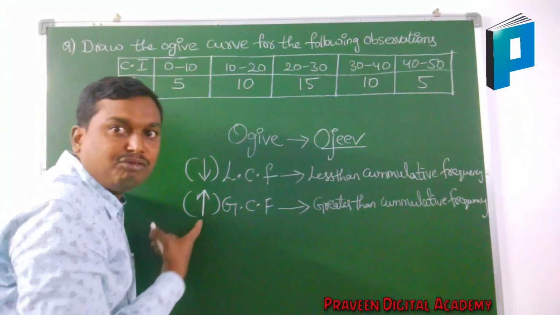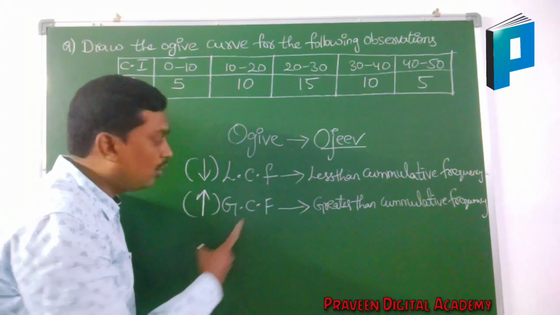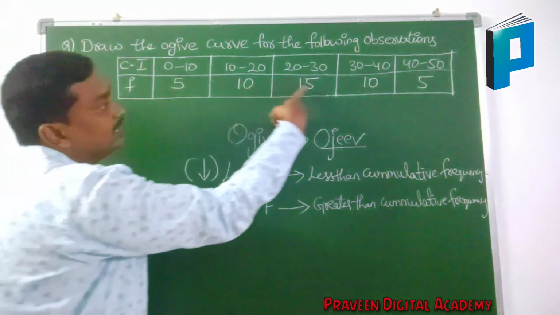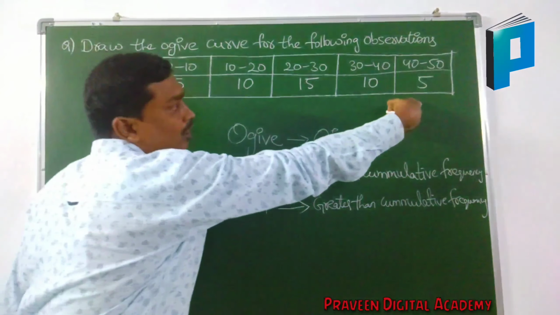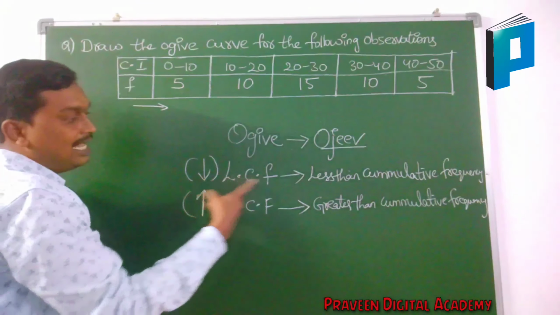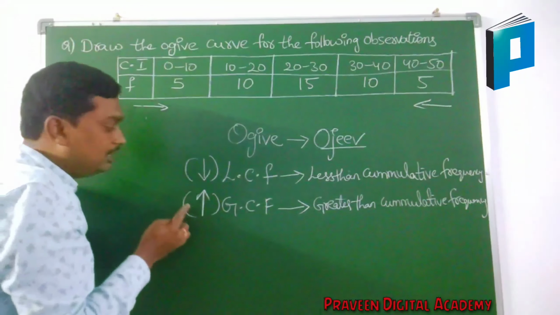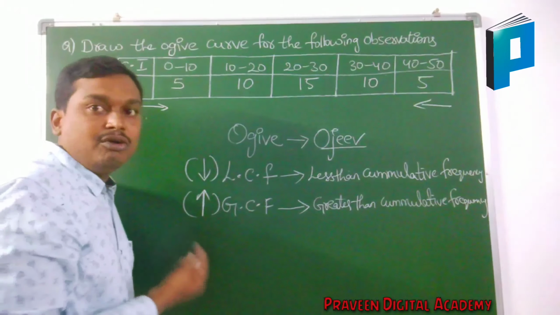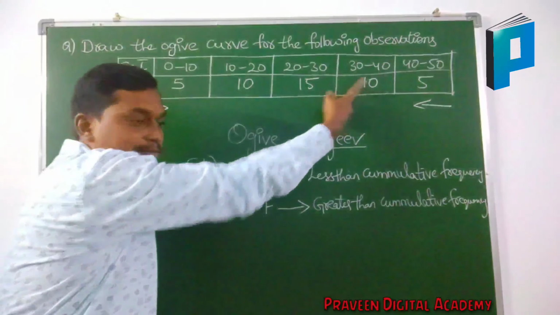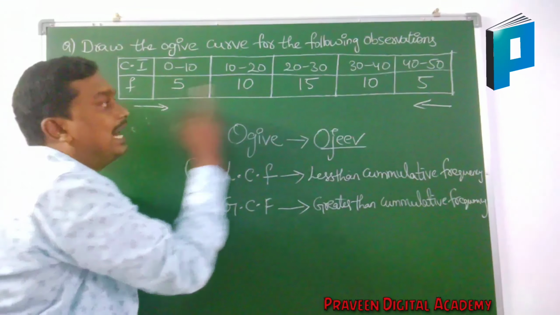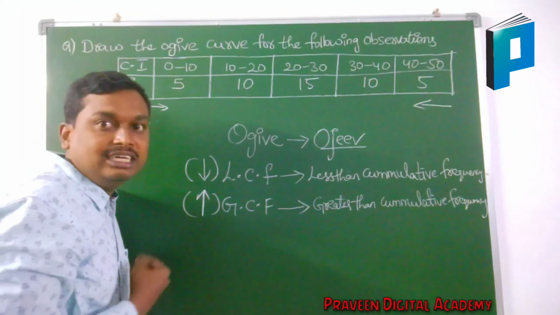If you are adding from top to bottom, it is called LCF. If you are adding from bottom to top, it is called GCF.